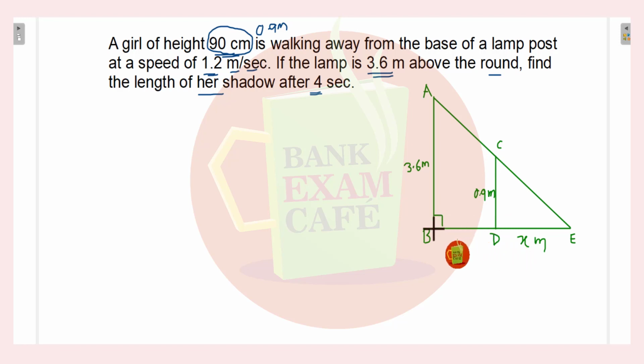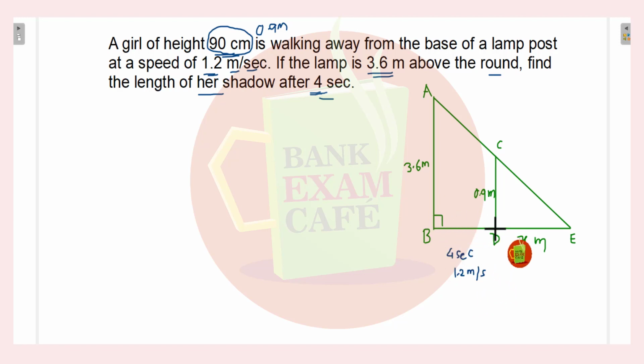That girl starts walking from the foot of the lamppost away from the lamppost, and she walks for 4 seconds, correct? And the speed of that girl is 1.2 meter per second.